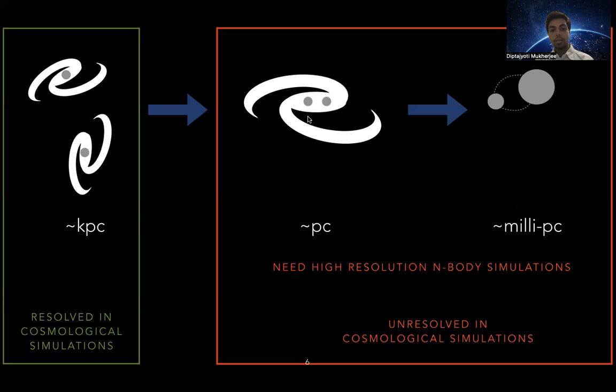Now, I mentioned that the dynamics in the parsec and the milliparsec era is very sensitive to the host galaxy's environment, and at these eras, you can find substructures inside the galactic bulge that can affect the evolution of these binaries.